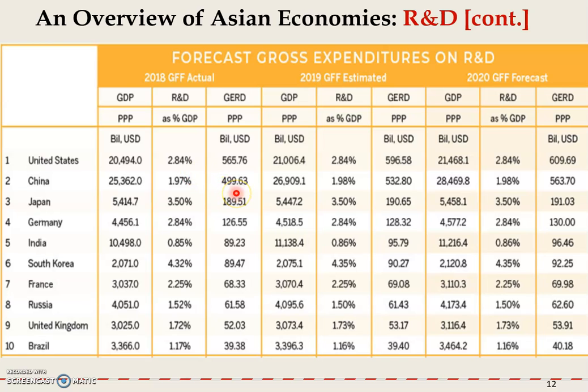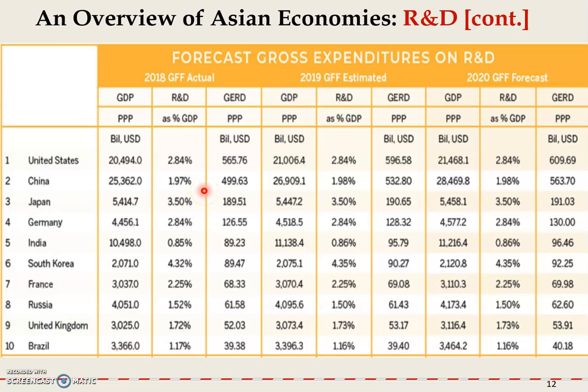Okay, China, the second largest R&D spender, actually spent nearly $500 billion that year, which accounts for nearly 2% of its GDP.